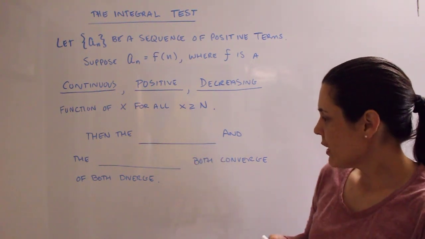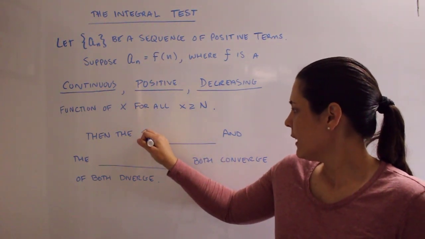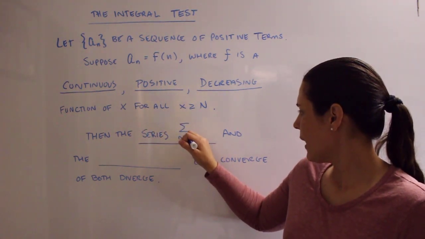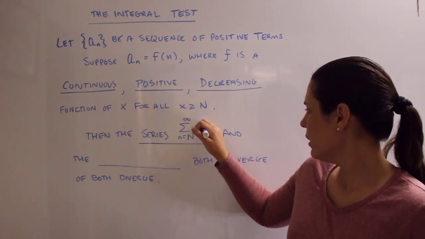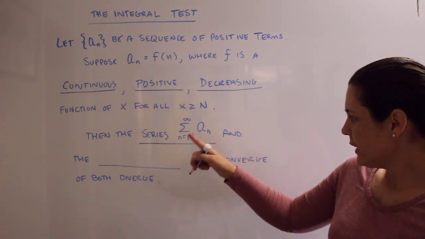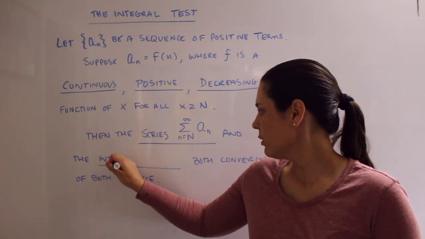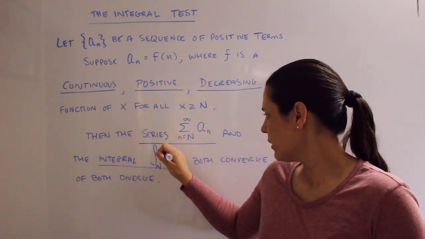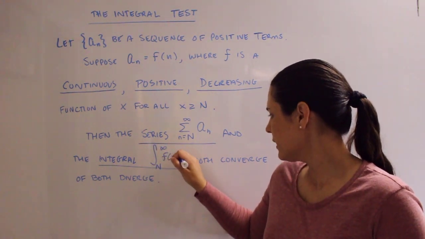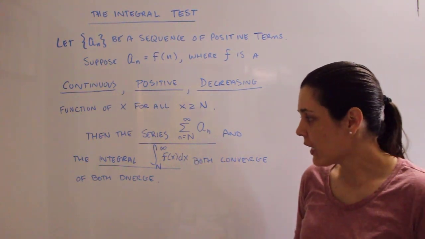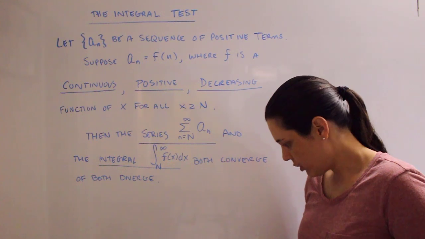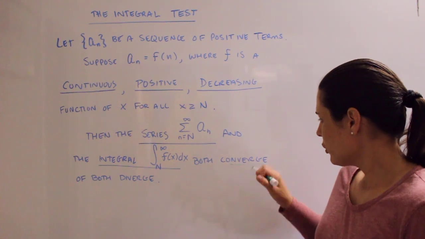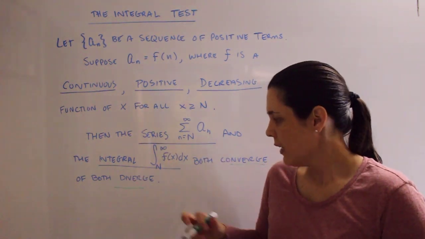If that's true, then the series, the summation from n equals capital N to infinity of a sub n, and the integral from capital N to infinity of f of x dx act similarly in terms of convergence or divergence. So both the series and the integral converge, or both diverge.